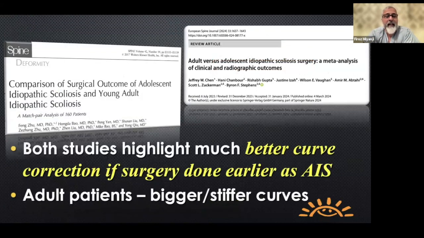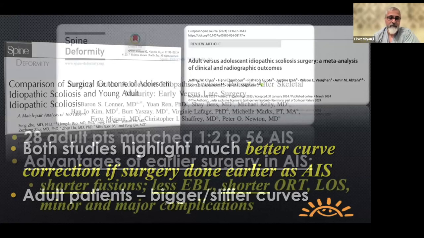These two studies also highlighted that you get better curve correction if the surgery was done earlier as an idiopathic scoliosis, because the adult patients had bigger and stiffer curves. So much of our literature is suggesting that, in adolescents, considering surgery, of course, if curves are 50 or more, may be a little bit better because that perioperative hit is a lot less.